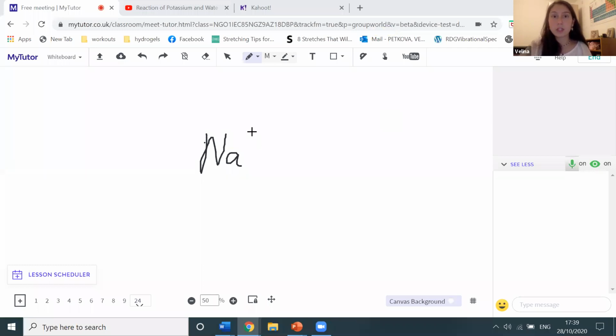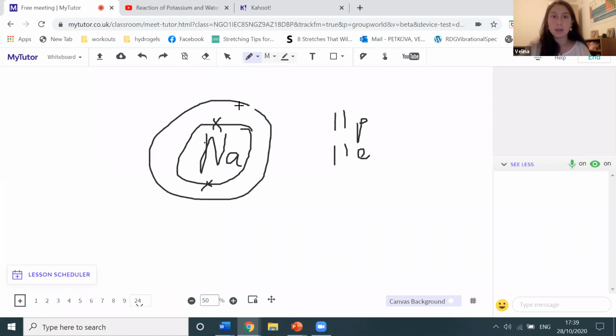Okay, so if we look at sodium, sodium we know has 11 protons and 11 electrons, because the proton number is 11. So now we're going to have those 2 at the front, then another 8, and then our last one on the outside.